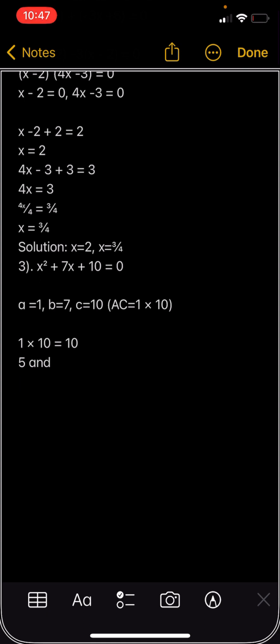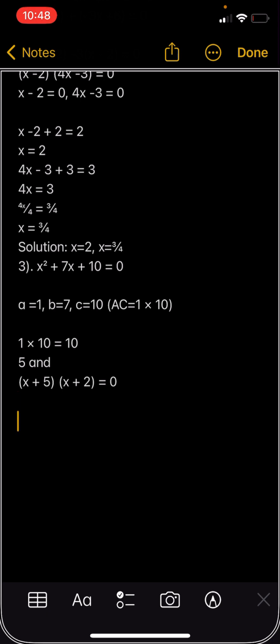What we need to do now is to take these 2 factors that we have found and place them into 2 brackets with x as the leading term. We do it like this here. So look at that. We have x plus 5 in one bracket, x plus 2 in the other bracket. That's how easy it is when the leading coefficient is only 1.